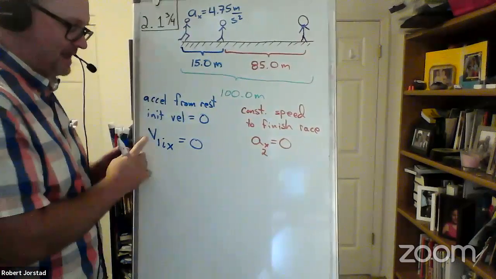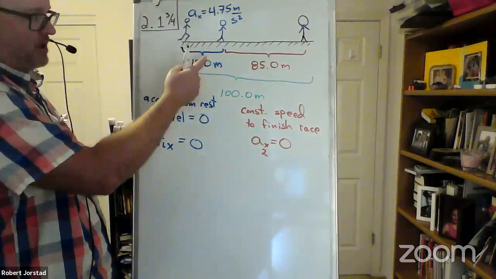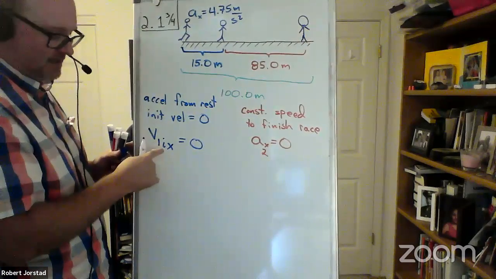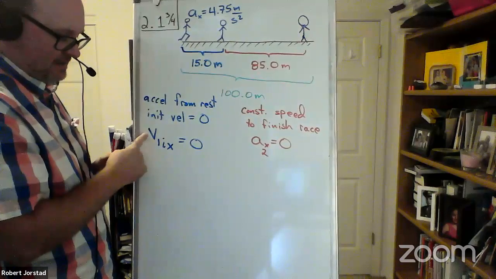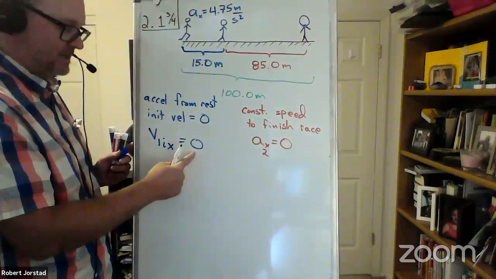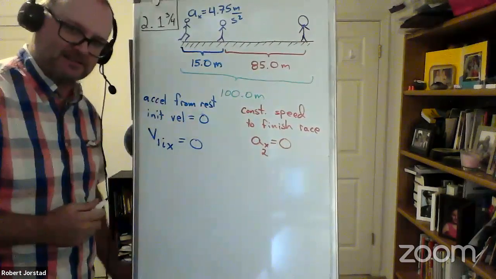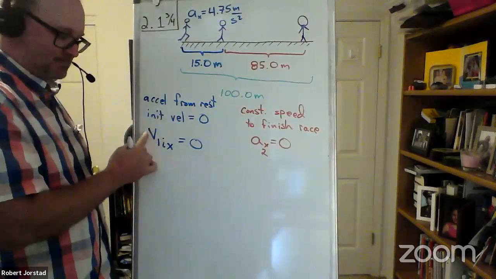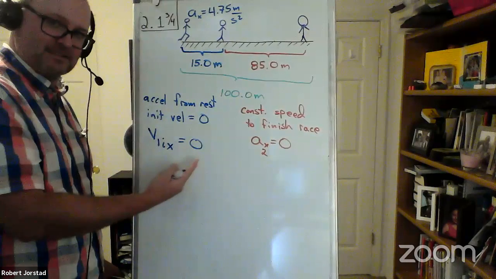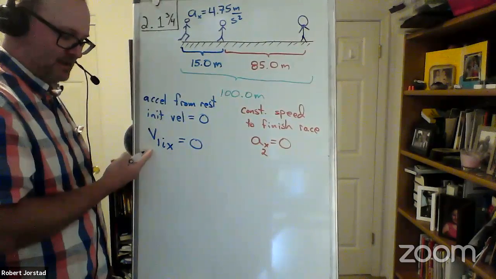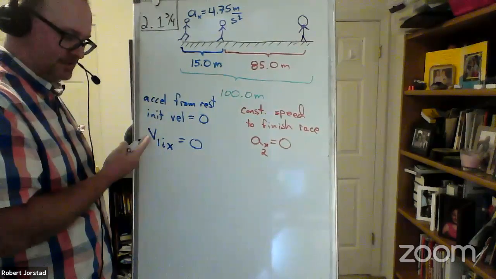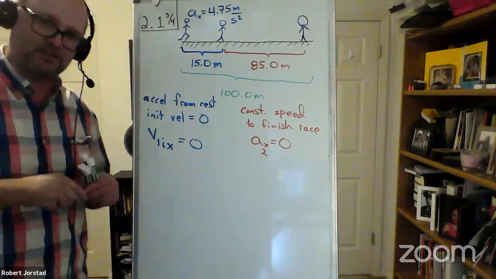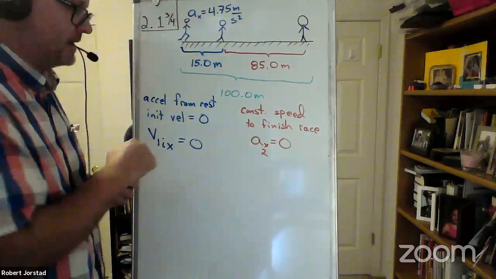Again, for the first stage of this problem, the blue phase, the initial velocity in the x direction is 0 because the problem said started from rest. So you're supposed to understand how this explains this whole sentence. This is basically a full sentence, right? The initial speed at the start of the race is 0 in the x direction. That's a long sentence, and we've made it a lot shorter by using these subscripts in a clever way.